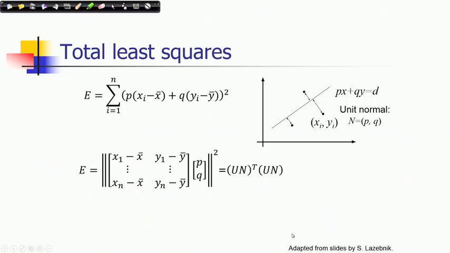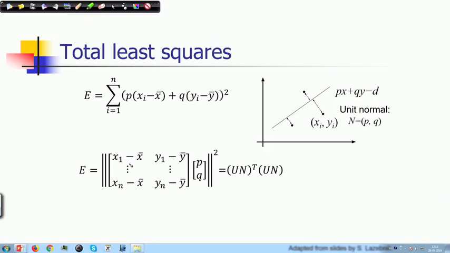So, once again we can use the matrix notation to represent the sum of squares of error in this short form. That means, it is a norm of this particular vector. Just to elaborate once again, if you consider the first row, it is giving you p into x_1 minus x bar plus q into y_1 minus y bar, and in this way each row is formed.